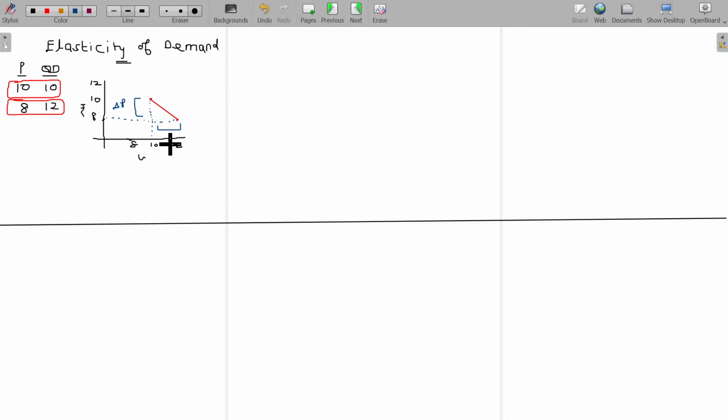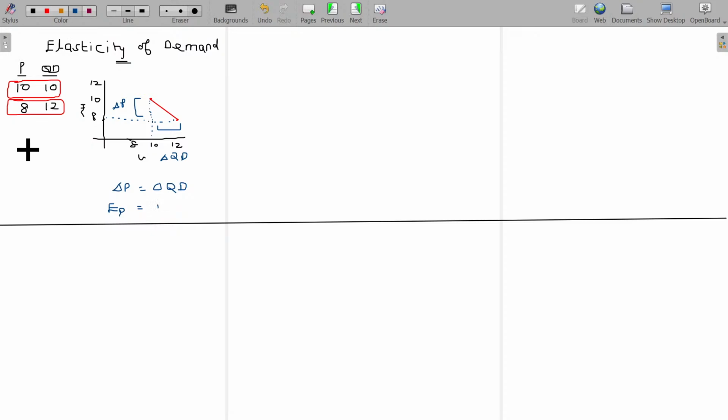This one is the change in quantity demanded. If the change in price is equivalent to the change in quantity demanded, then this is called elasticity of demand with unit value. Elasticity of demand with respect to the price, EP, is equal to 1.